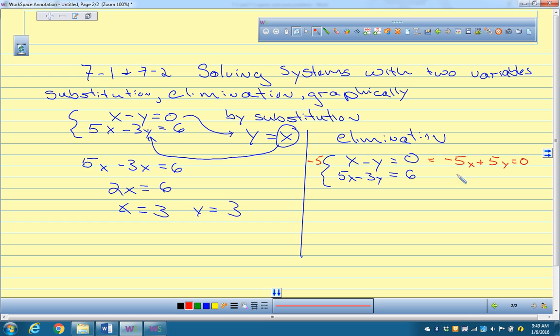And then I have 5x, mind you, leave this one alone. And then I add those two together, and those go away. And you get 2y equals 6, y equals 3, x has also got to be 3, right? You've done this before. You did this in Algebra 1 and it's easy for you, but they do get more complicated, as you'll find out in a few minutes.